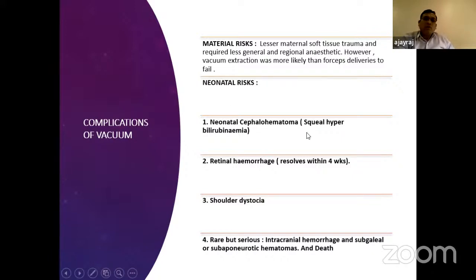Neonatal: cephalohematoma, which may turn into hyperbilirubinemia. Retinal hemorrhage, which usually resolves within 4 weeks. Shoulder dystocia, rare but serious intracranial hemorrhage and subgaleal or subaponeurotic hematoma, and death.